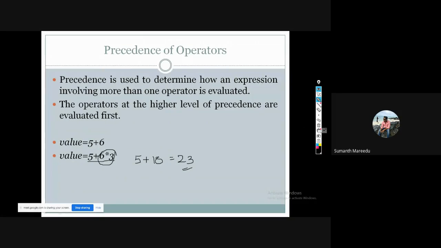Now see how 2 plus 3 star 2 by 3 is evaluated. What is the value of this expression?